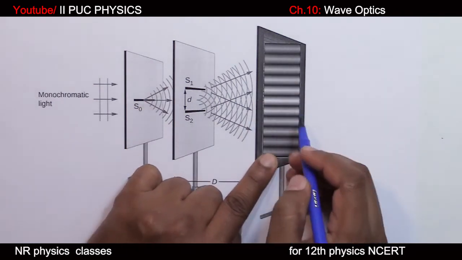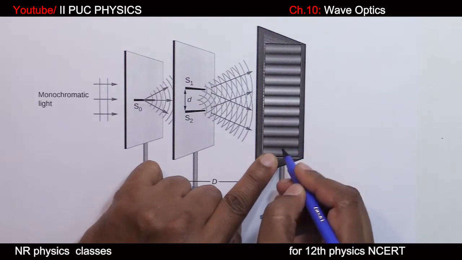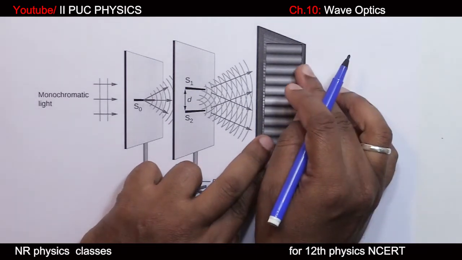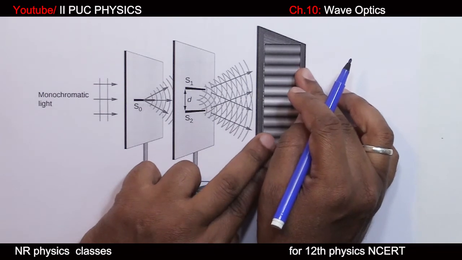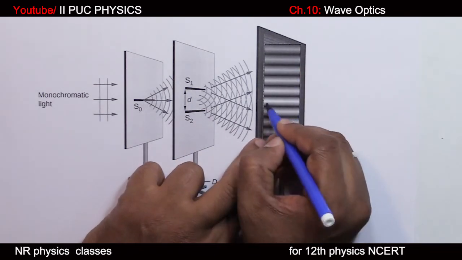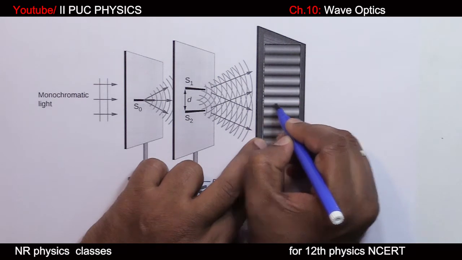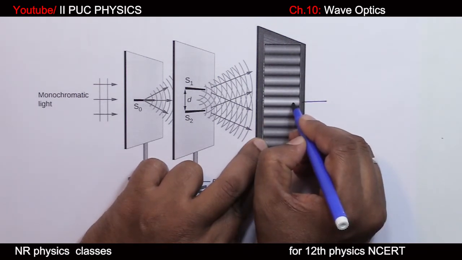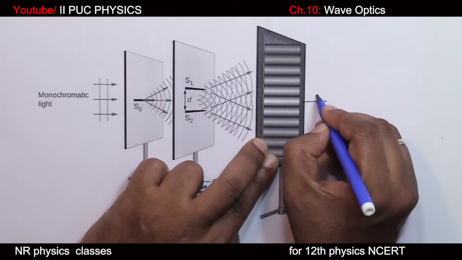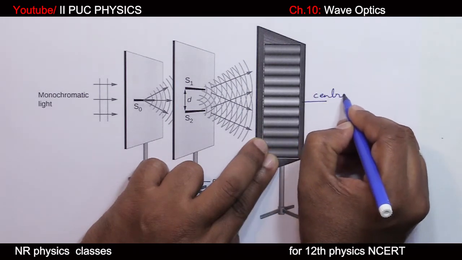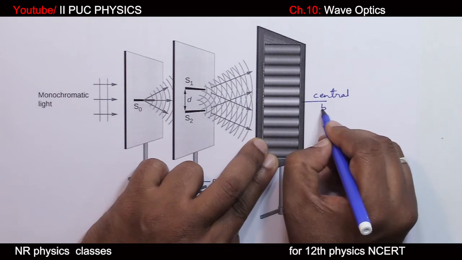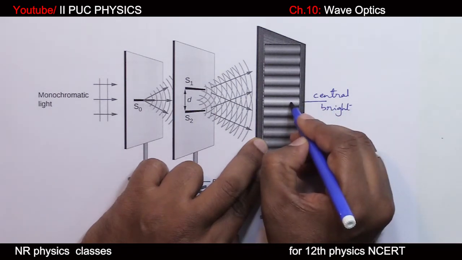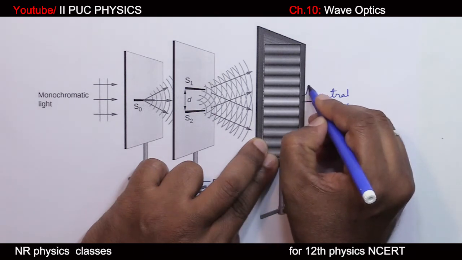On the screen, there is an interference pattern, a pattern similar to this. If this is the center of the screen, then there is a bright fringe. This is called central bright. After central bright, there is a dark fringe.